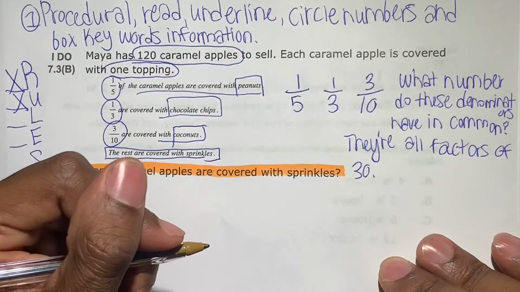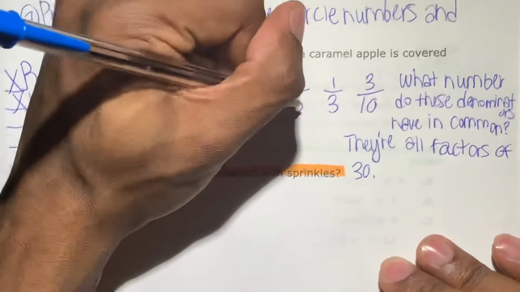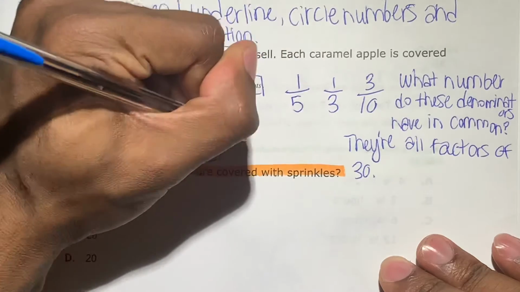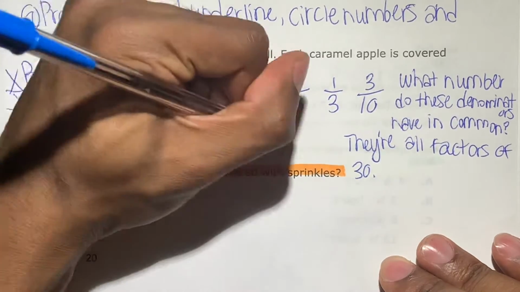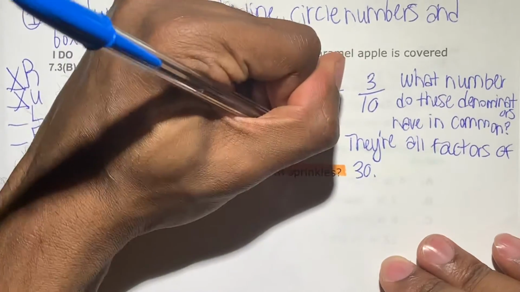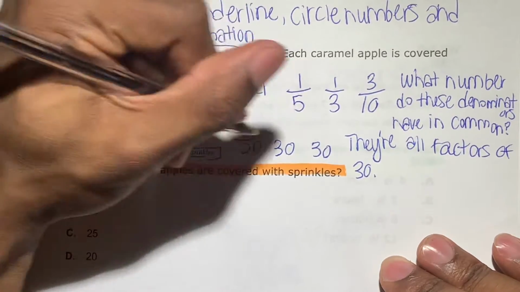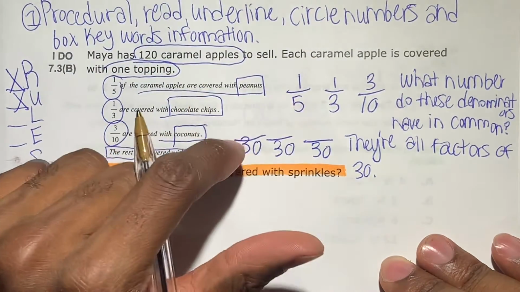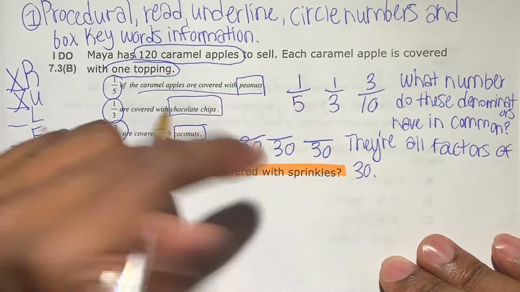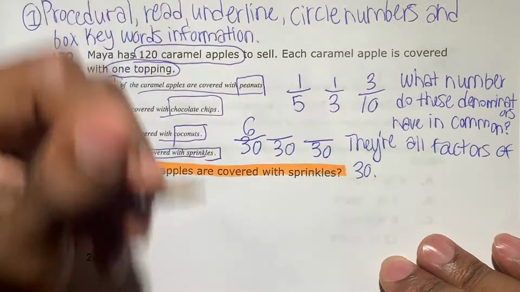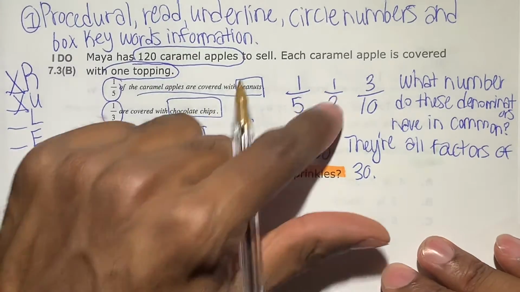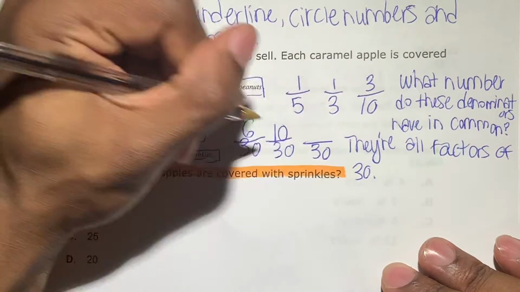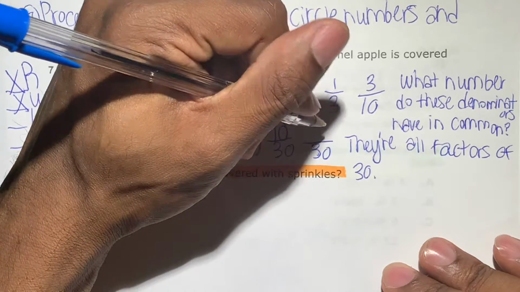All right. So we have 30. We'll write this out here. 30, 30, 30. Okay. And 30 divided by 5 is 6. Okay. 30 divided by 3 is 10. 30 divided by 10 is going to be 3.